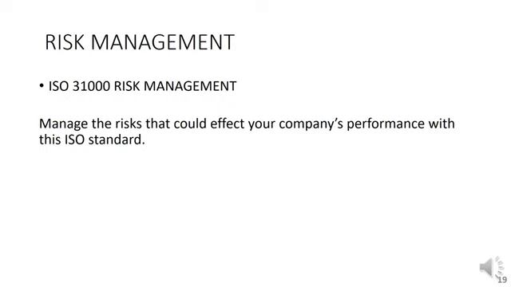The 5 components of the ISO 31000 risk management framework are mandate, plan, implementation, checks, and improvements. And the process of risk management includes communication and consultation, context of the risk, risk assessment, treatment of the risk, and monitoring.